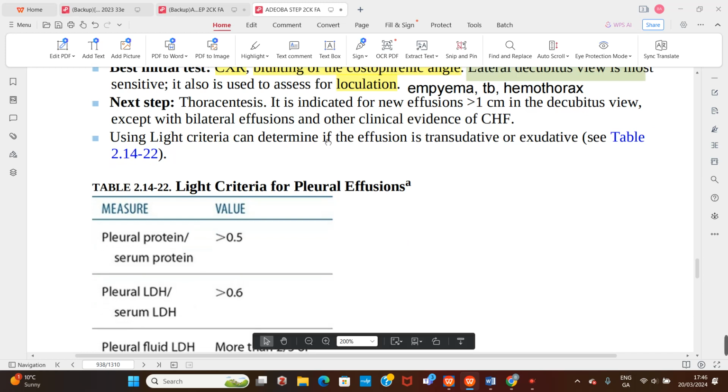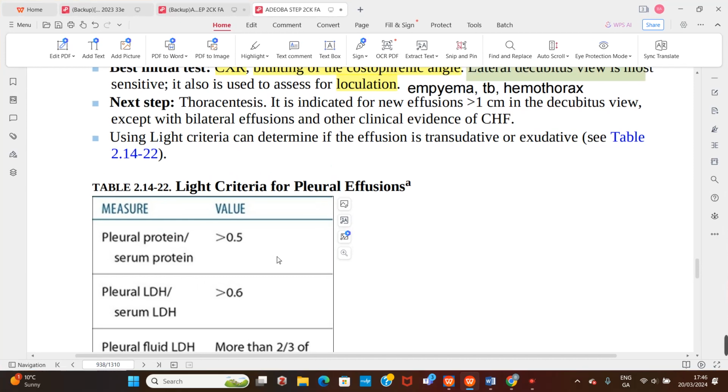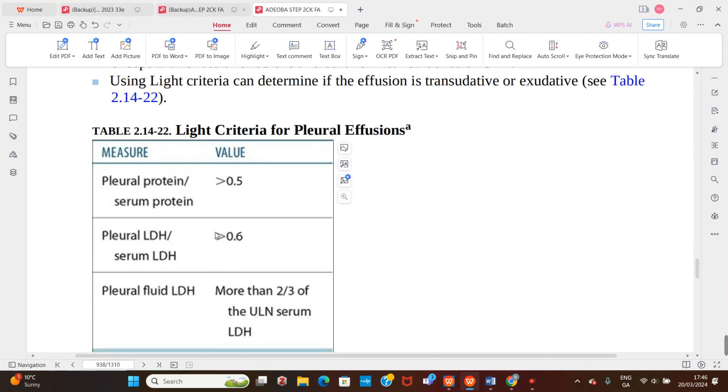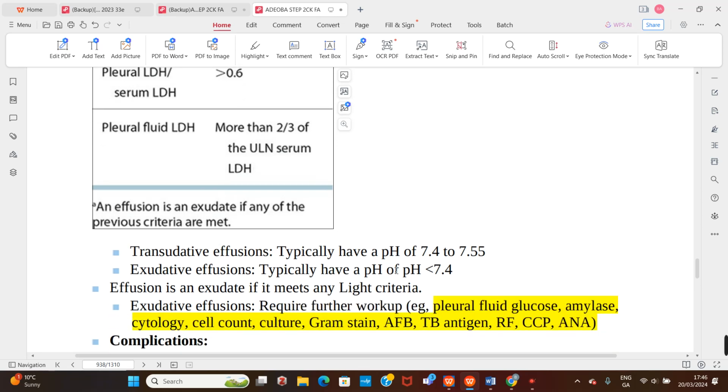So you now analyze whatever you get according to the Light criteria. If you get any one of these, you are working with an exudative effusion. So part of your biochemical parameters, aside from your LDH and protein, your pH is important too. It's going to help you. Ideally, for people with transudative effusion, the metabolism is not very high and inflammation is not really high, so they don't generate acidic waste products of metabolism.